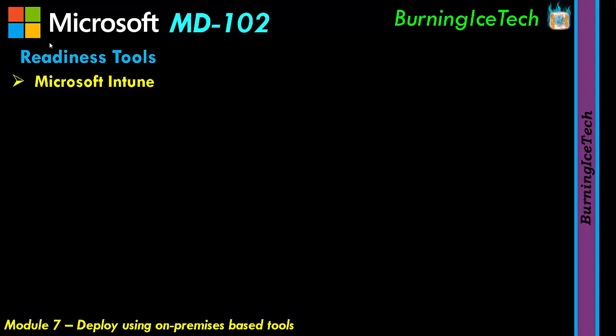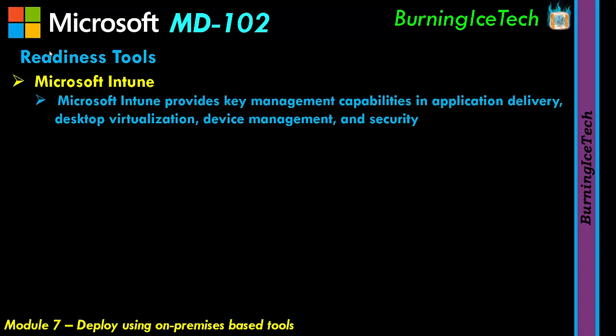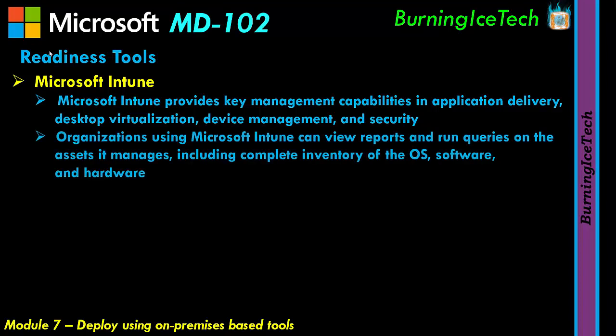So coming at this from a readiness perspective, to check if your environment, the devices, the users are ready, mostly the devices, Microsoft Intune provides key management capabilities in application delivery, desktop virtualization, device management, and security. Just in case you didn't know, organizations using Microsoft Intune can view reports and run queries on the assets it manages, including complete inventory of the operating system, software, and hardware.